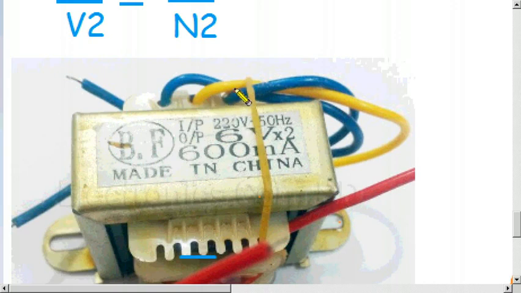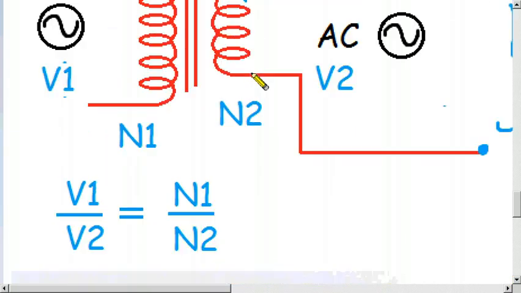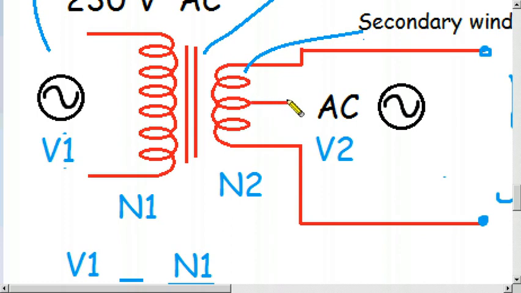That means this secondary is able to supply two voltages: between these two wires, say 6 volt, and also between these two wires again 6 volt. If we use this one and this one, we can take 12 volts. If we use this side wire and the center wire, we can take 6 volt.